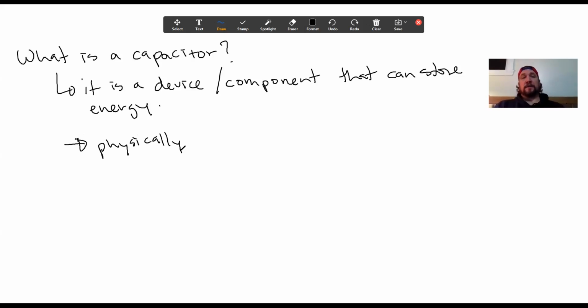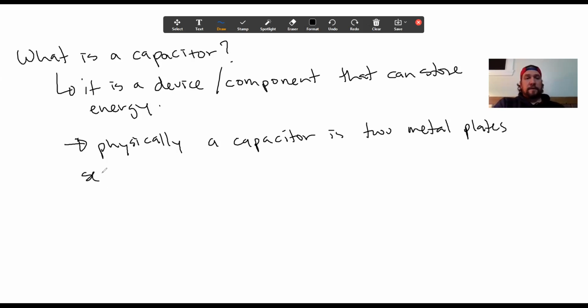But essentially, physically, a capacitor is two metal plates separated by a material we call a dielectric.